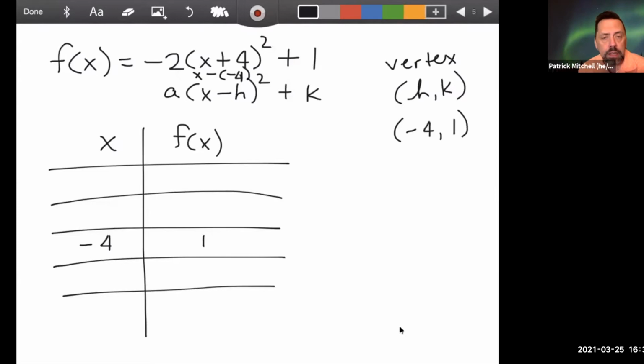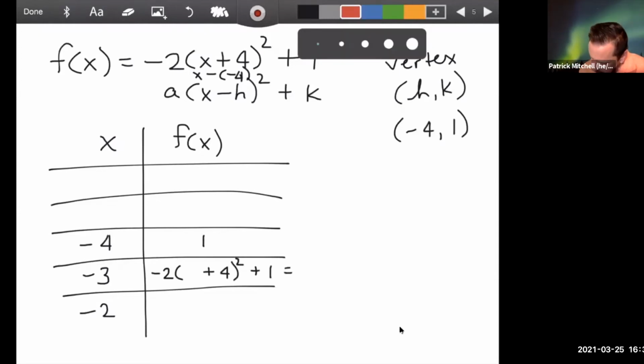So if I just pick two values that are greater than -4, like -3 and -2, then I can use the symmetry to fill in 2 other points. All right, so let's do this. We have -2 times blank plus 4 squared, add 1.